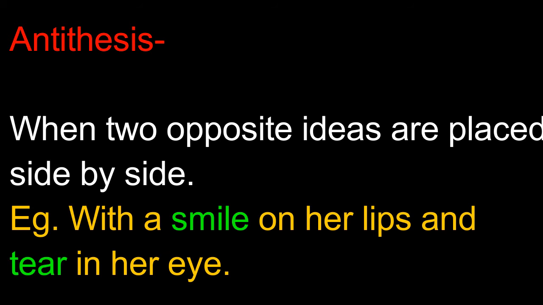Clear? Next example, forget me for a while and afterwards remember. Opposite ideas of forgetting and remembering are put together in this line. Another example, men may come and men may go, but I go on forever.